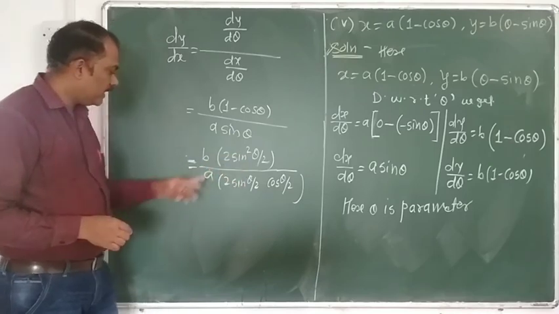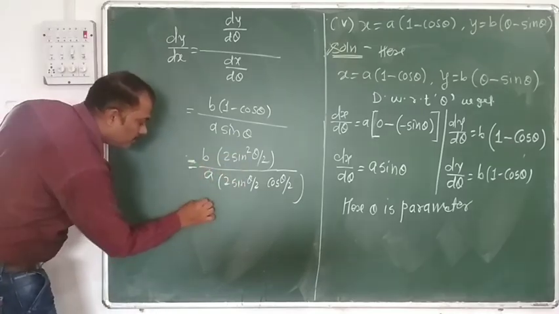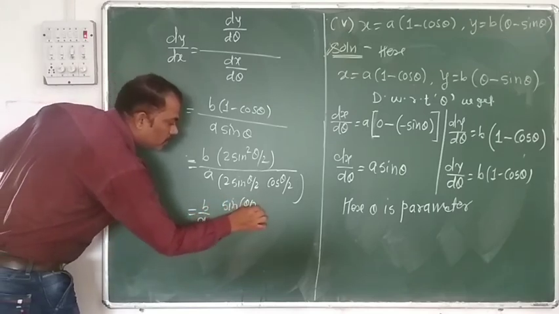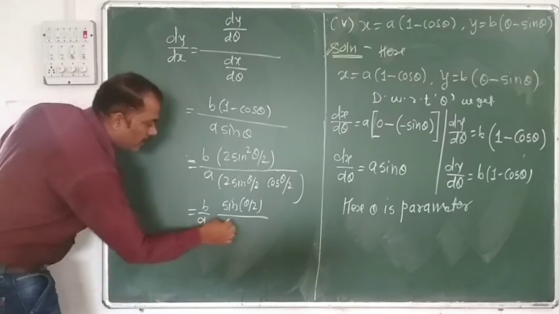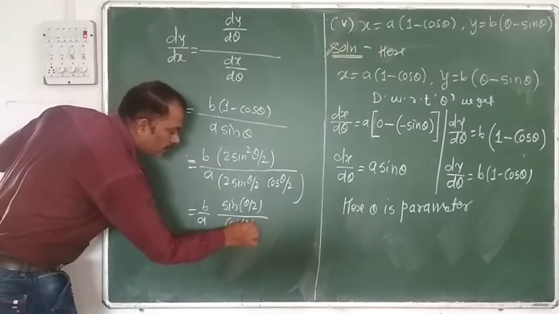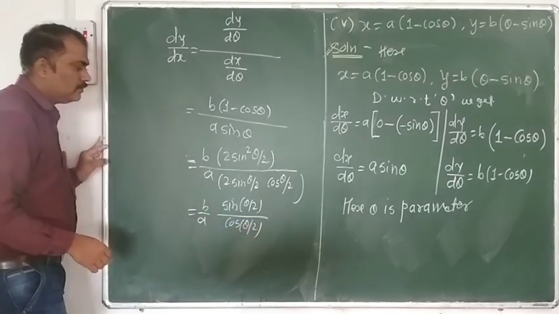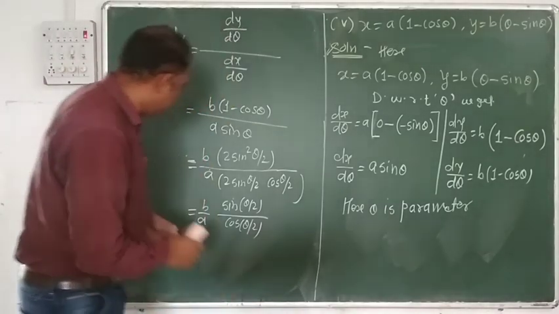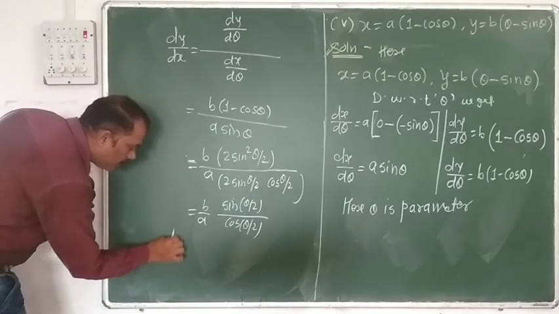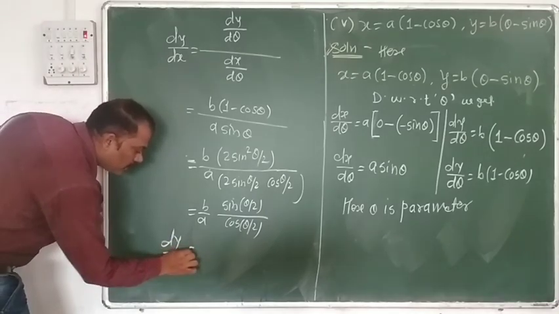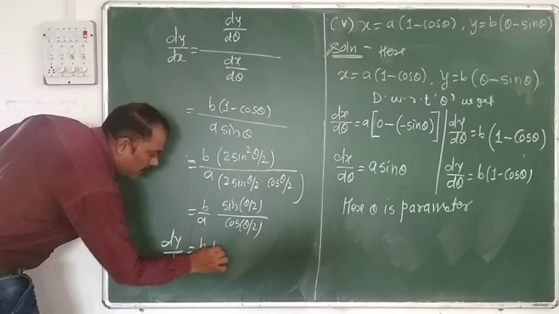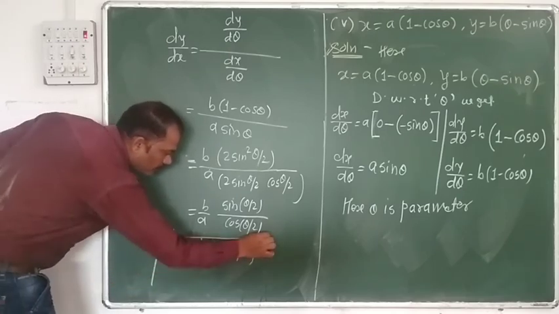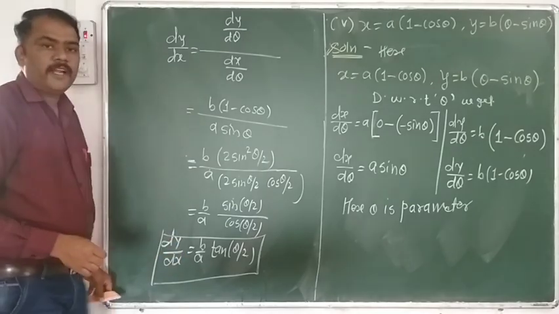From the square, one gets cancelled, and 2 gets cancelled. So b by a into sin of theta by 2 divided by cos of theta by 2. Sin upon cos is nothing but tan. So we can write dy by dx is equal to b by a tan of theta by 2, which is the required answer.